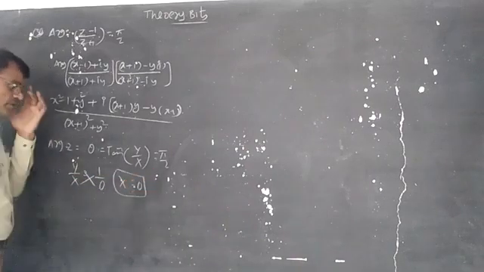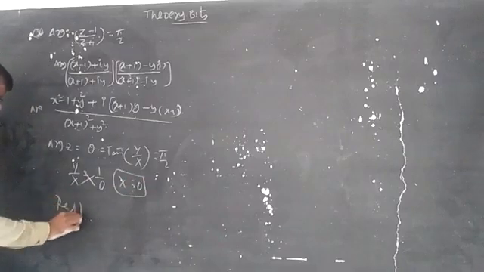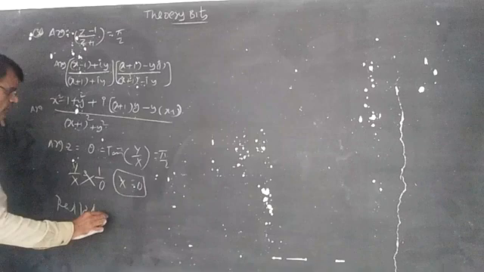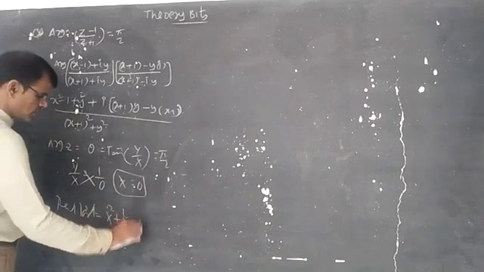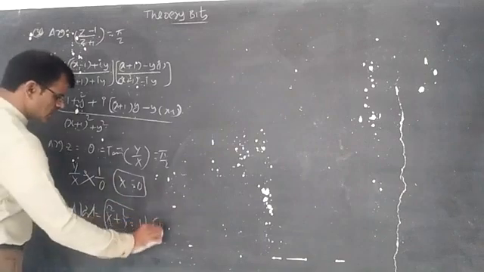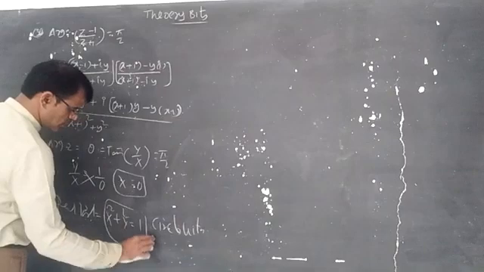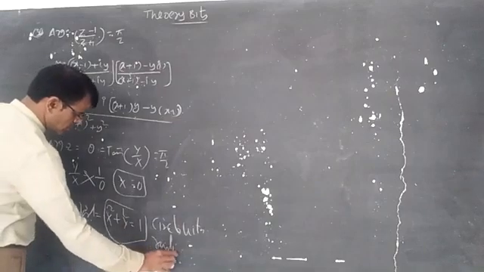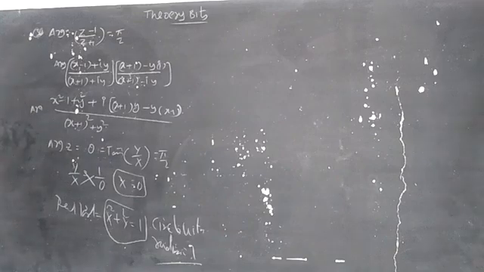Its meaning is the real part is equal to 0. So the real part, x square plus y square minus 1, is equal to 0, so x square plus y square equal to 1. So it is a circle with radius 1, the unit circle. The locus is a circle with radius 1.